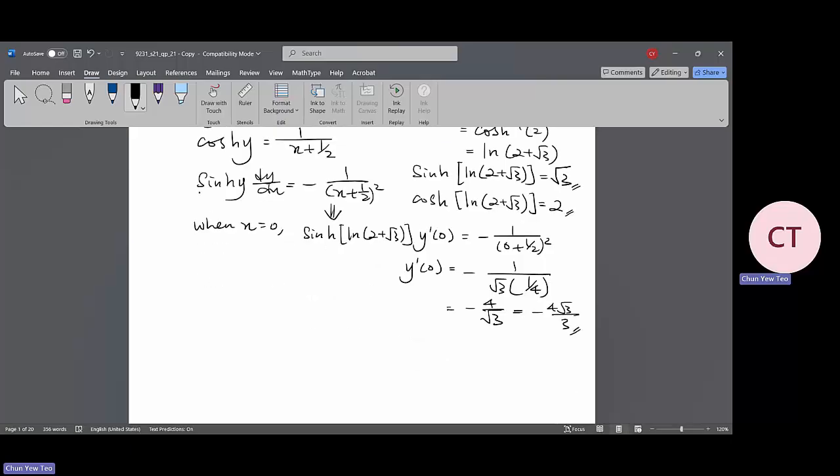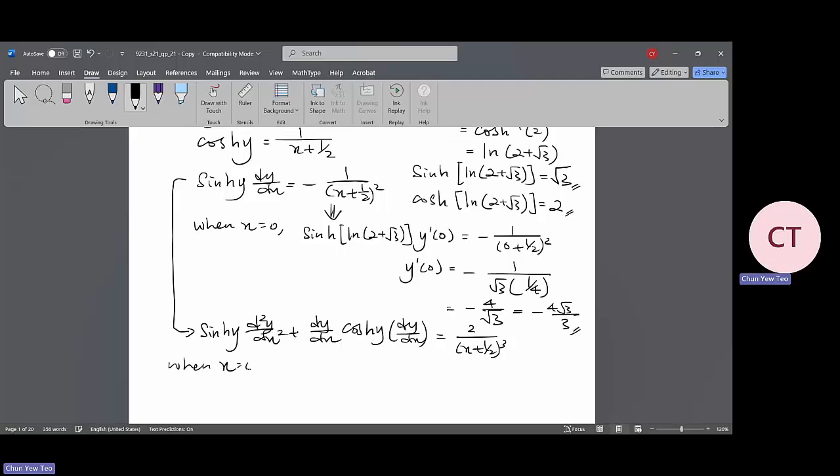Then now we need to do one more differentiation. From here, it will be implicit differentiation. Sin y d squared y/dx squared plus the derivative of sin y, you get cos y, and then dy/dx again, is equal to 2 over (x plus half) cubed. Then when x is 0, your y is ln of 2 plus root 3.